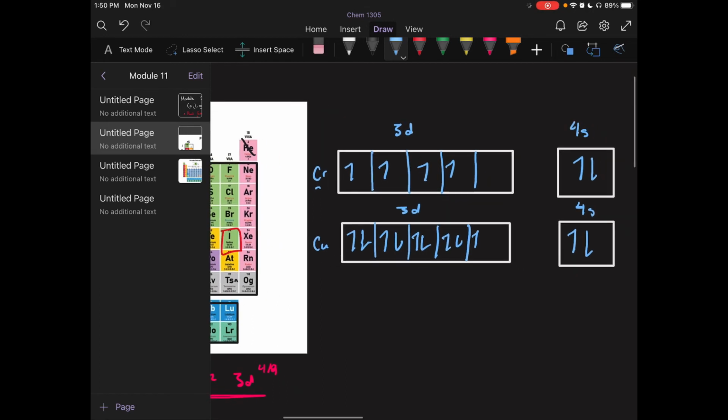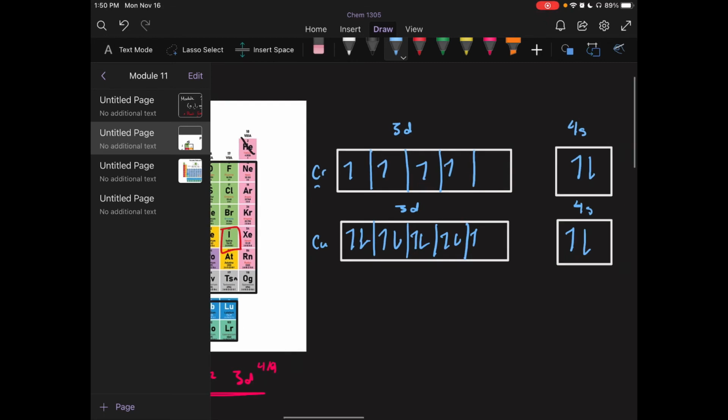Now there is something you notice: if we follow Hund's rule, there is an open box, right? There's always going to be an open box at the lower level, even though there's a full box at the upper level. So really what's going to happen is this electron, let's actually do this in another color, will move from here to go over here. Same thing here. This electron will move from here to go over here.